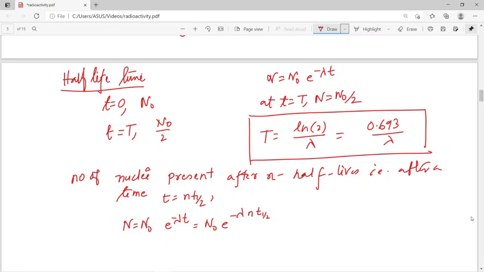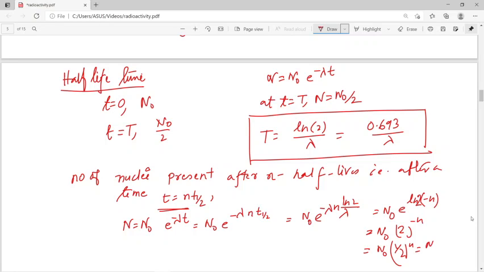That means we are finding the value after t equals n t half. That is n naught e to the power minus lambda n ln 2 by lambda, which is n naught e to the power of minus n ln 2. So we find n naught 2 to the power minus n, that means n naught half to the power n, that means n naught by 2 to the power n.